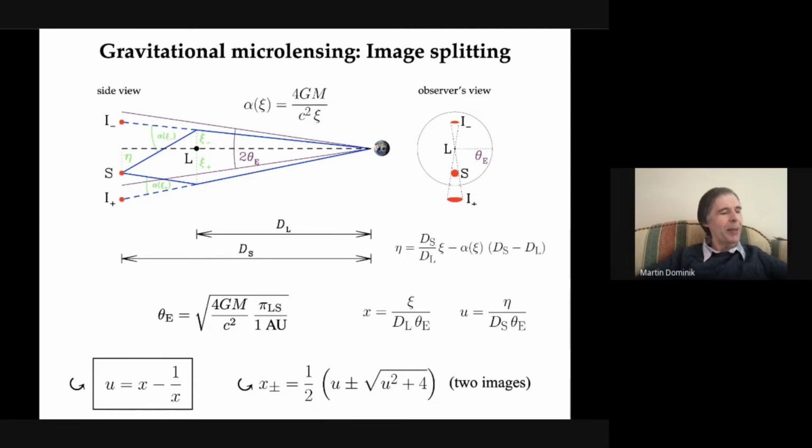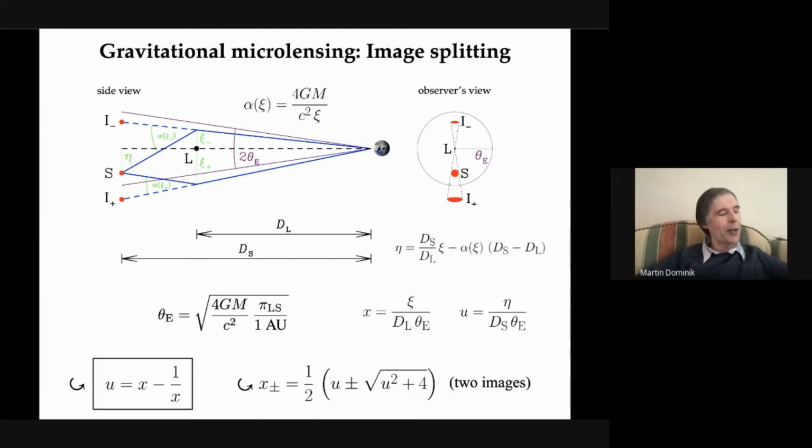The ring-shaped image breaks up into two parts, one inside and one outside the Einstein circle, if the source star is off from the axis that passes through the lens star and the observer. While we lose the rotational symmetry, observer, lens, and source define a plane for the light ray, so that seen from the observer towards the sky, the source and lens star and the apparent images fall onto a straight line.